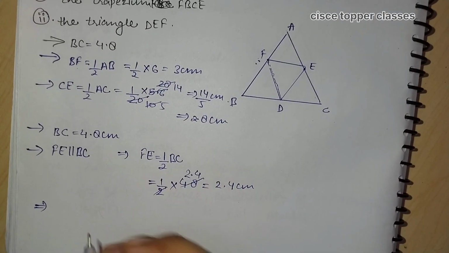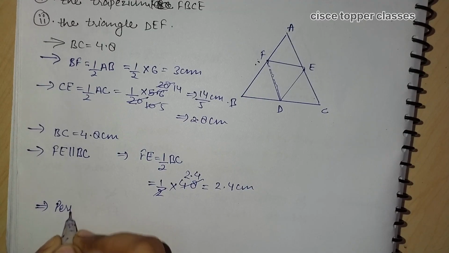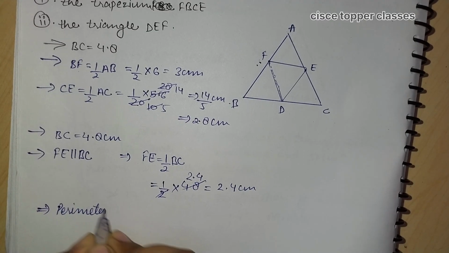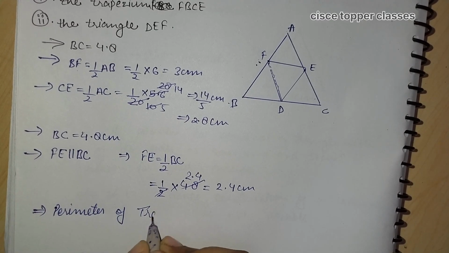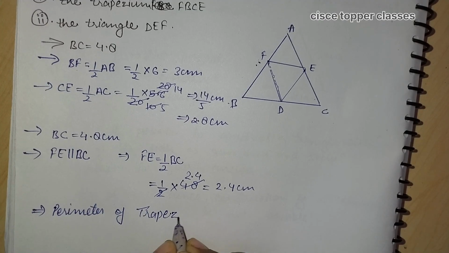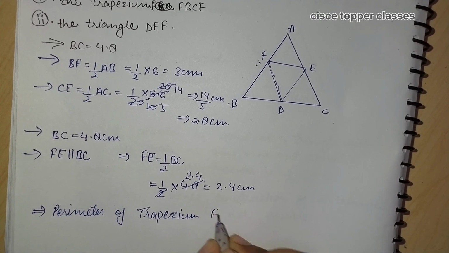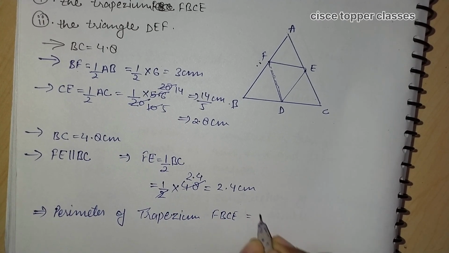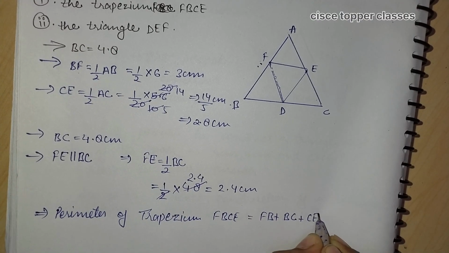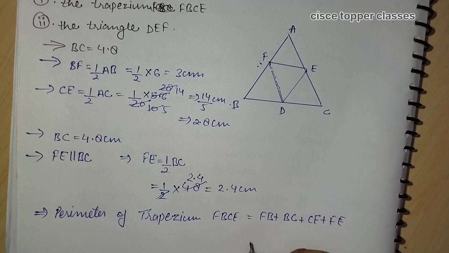So we can find the perimeter of trapezium FBCE as FB plus BC plus CE plus FE. Here we will put all the values.